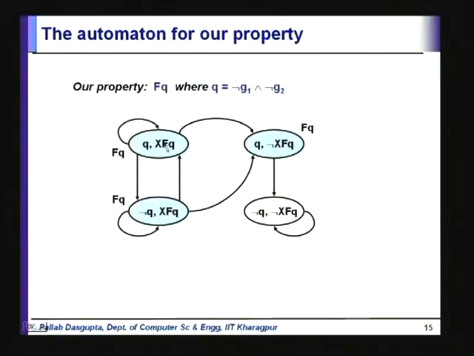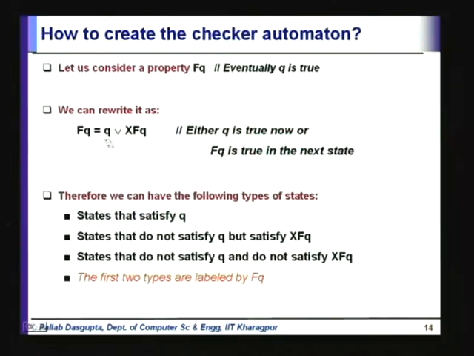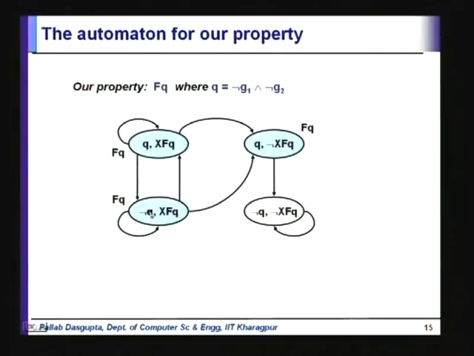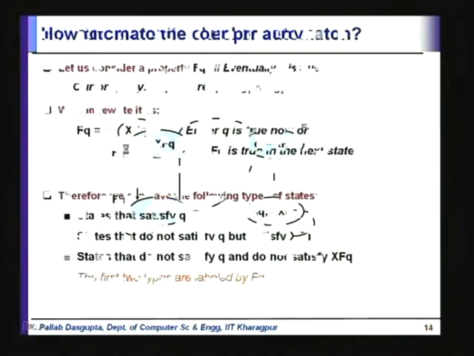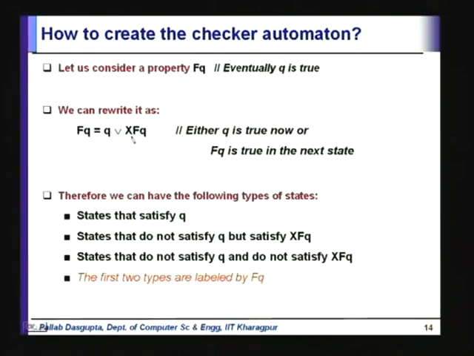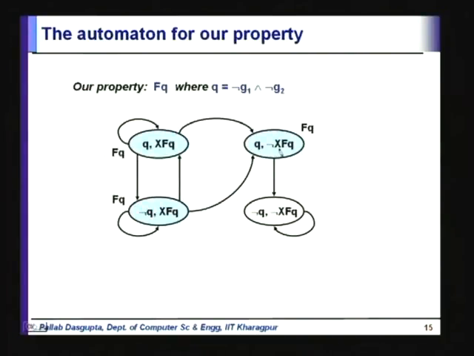So, we will substitute Q as 1, XFQ as 1 in that relation. Which relation? This relation. Here Q is true and XFQ is true, so FQ is true. Here, for not Q and XFQ, we put not Q, so this is false, but XFQ is true, so this is true. So, for each combination of values of the subformulas and the propositions, we will see whether it satisfies phi or not, and we will label it accordingly.